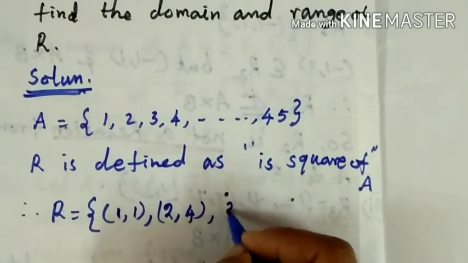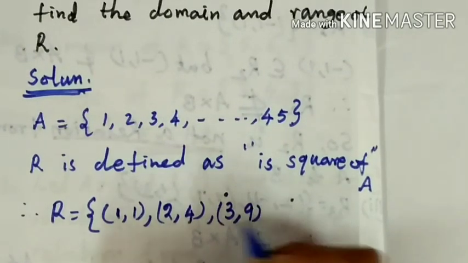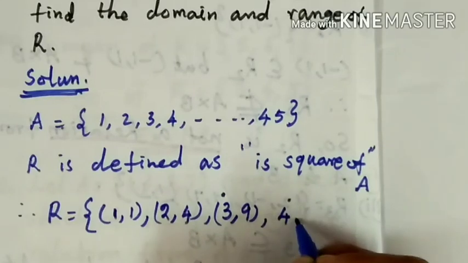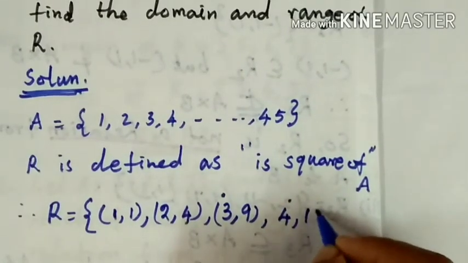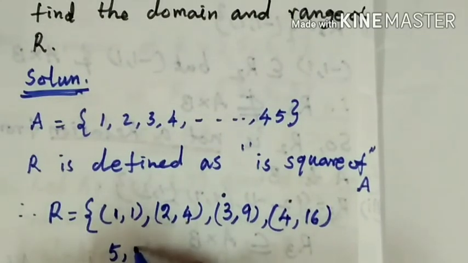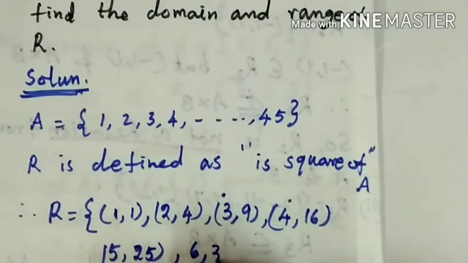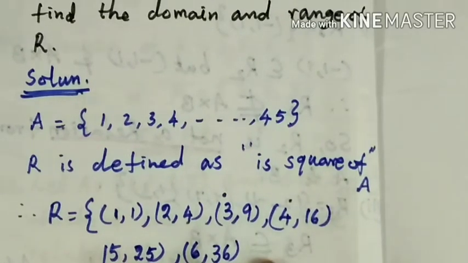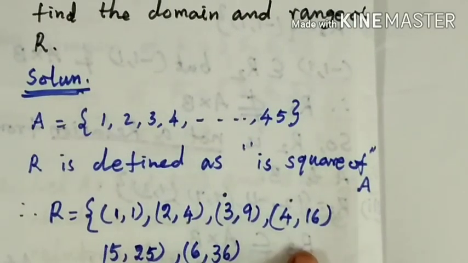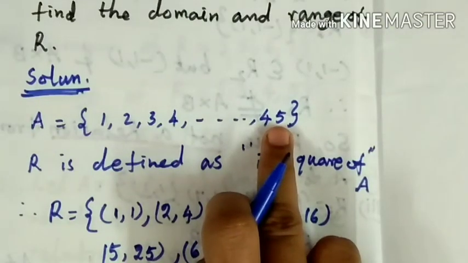Then 3, square of 3 is 9. 4, square of 4 is 16. 5, square of 5 is 25. Then 6, square of 6 is 36. Then next you take 7, square of 7 is 49, but here it is given up to 45 only.